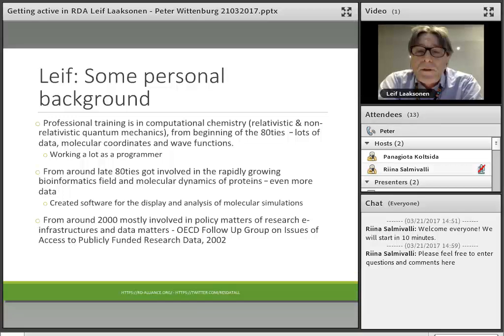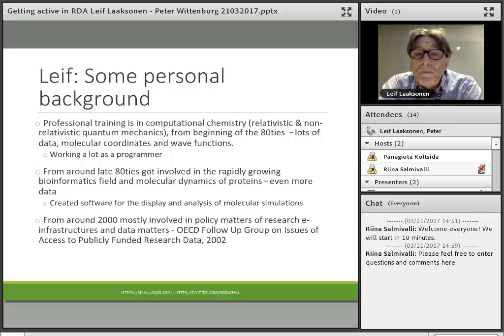I thought it would be nice, as there are not very many occasions when I can tell the audience a bit about my background. I have not always been an old horse, so I have a background as a scientist as well.